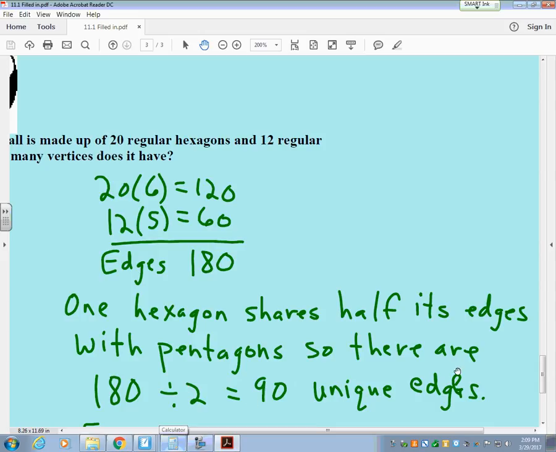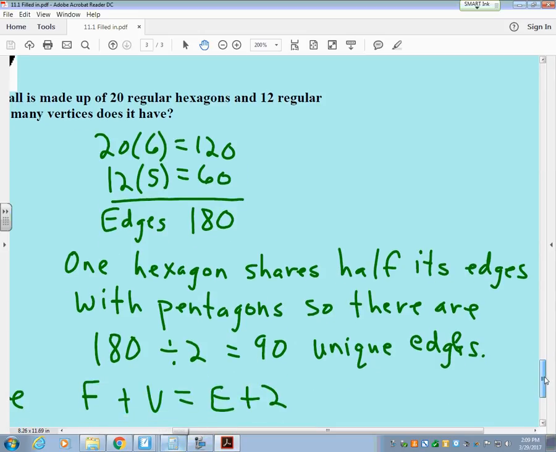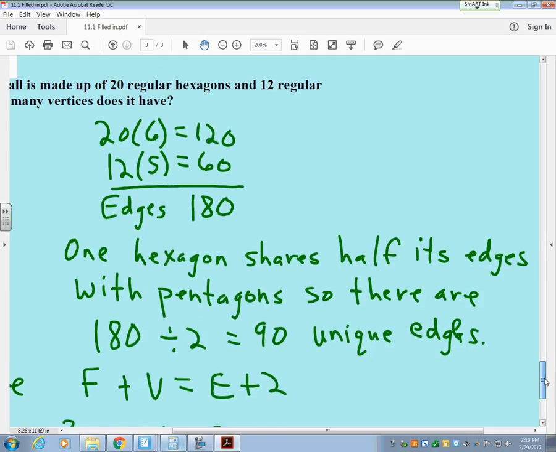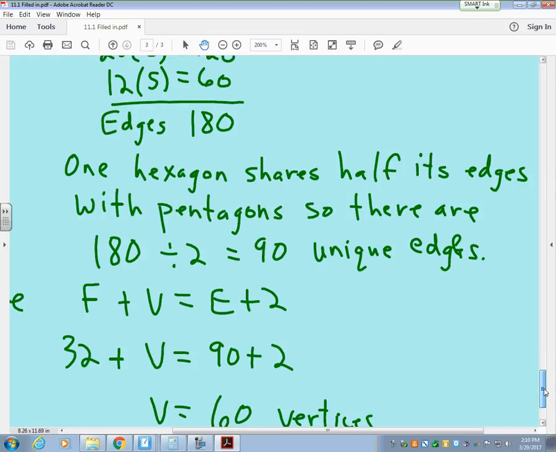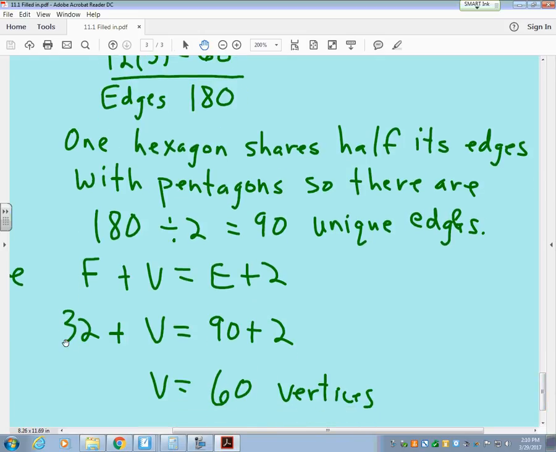So we divide by 2, and we have 90 unique edges. So we look at how many faces it has. It has 20 plus 12, which is 32 faces, plus the vertices equals 90 unique edges plus 2. And then we add the 90 and the 2 together, subtract out 32, and there are 60 vertices.